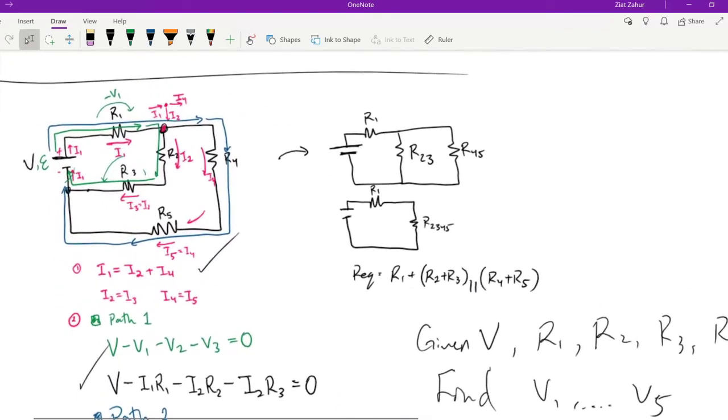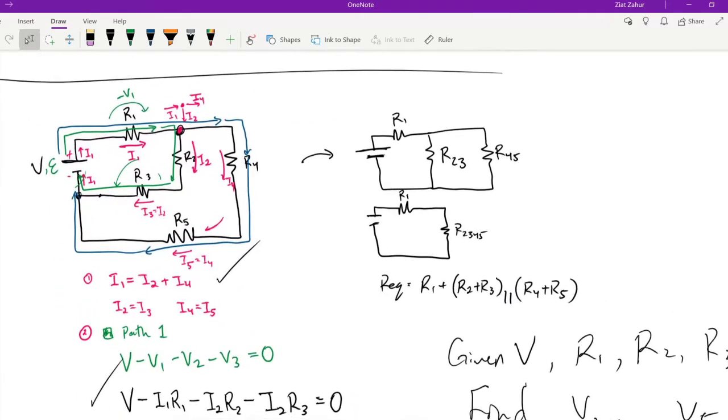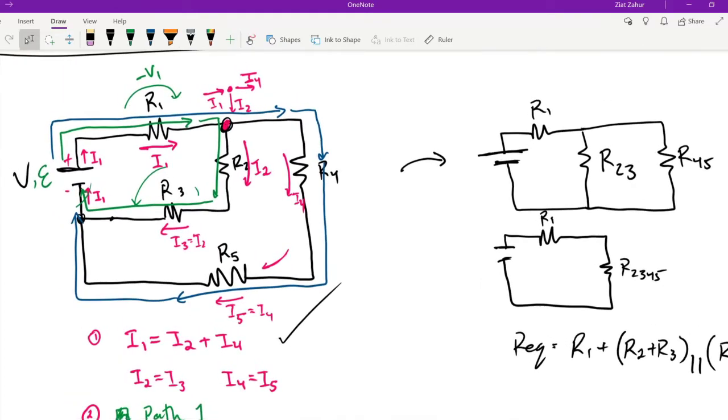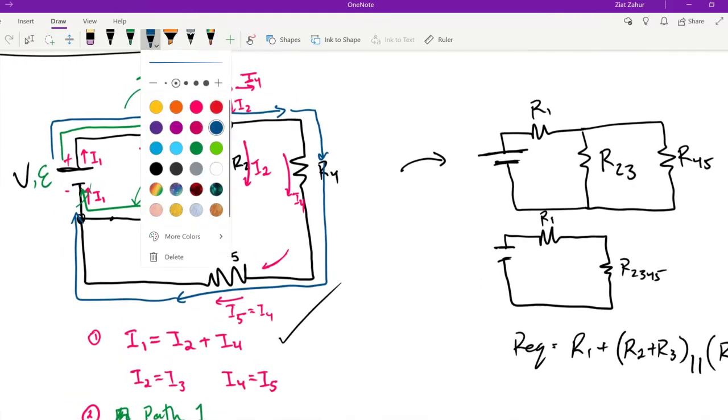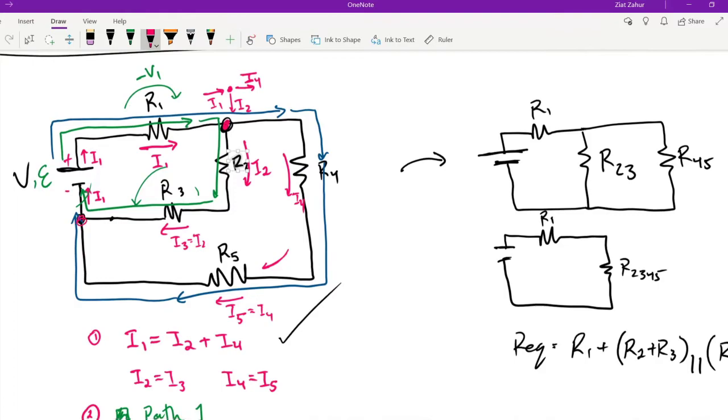And you can always try to create more junction rules by looking at points. For example, if you try to look through here, sometimes you'll see that you get the same equation twice or thrice.